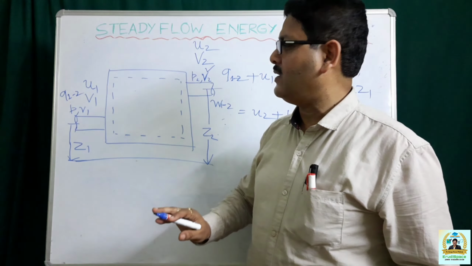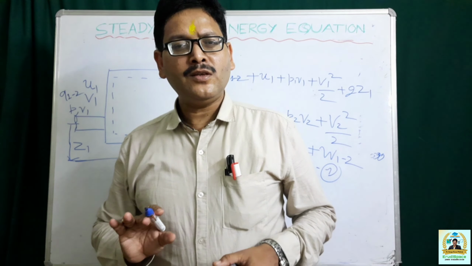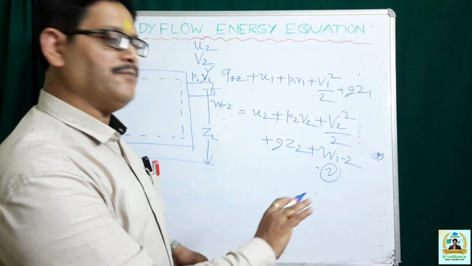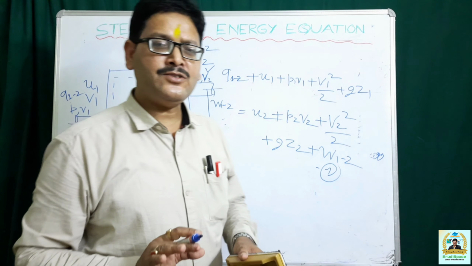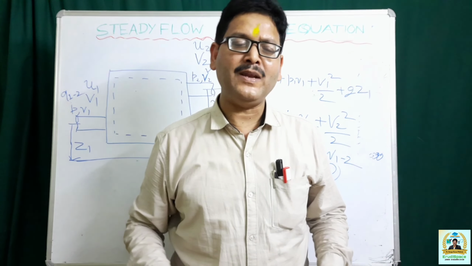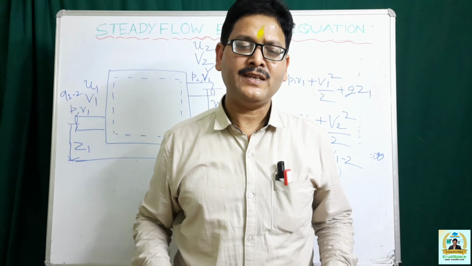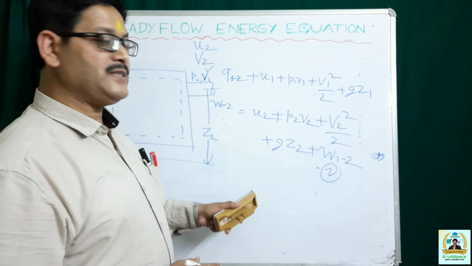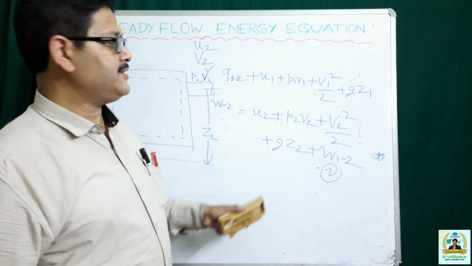That means the heat as well as work remain the same with time, and there is no chemical reaction taking place when the flow is taking place. So these are the conventions that you have to follow, and this actually represents your steady flow energy equation.